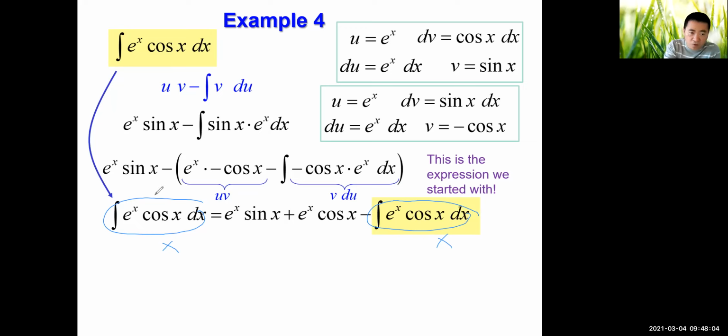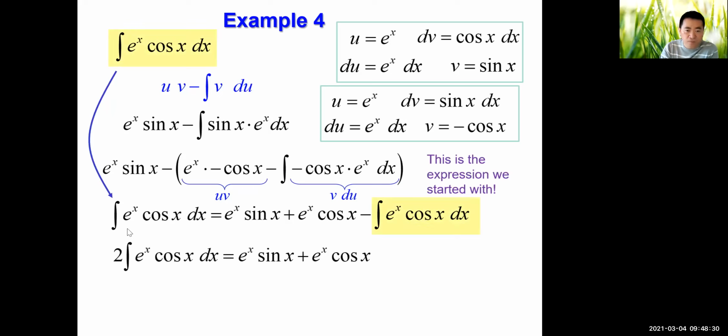So you bring it over here, and you have 2 times the unknown integral on one side, equal to this.